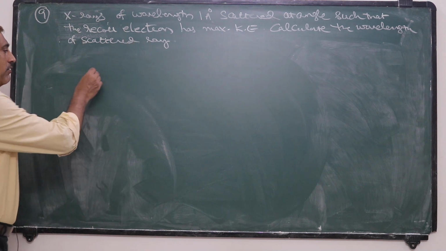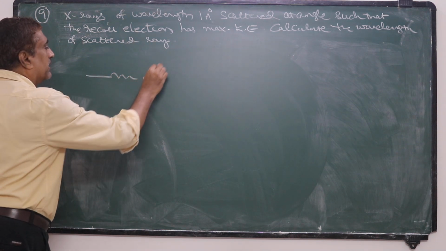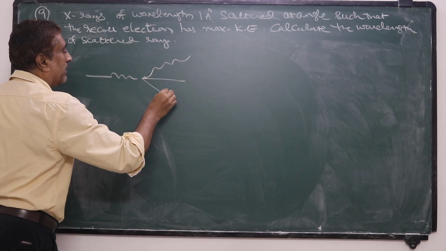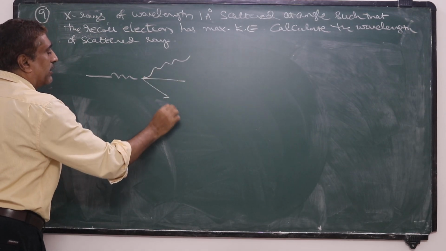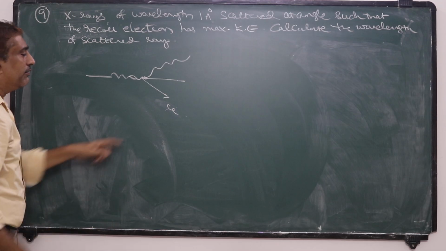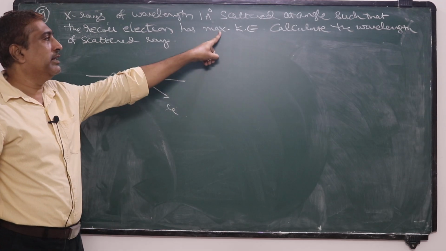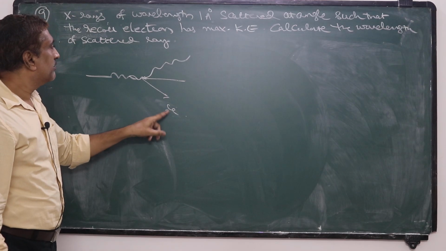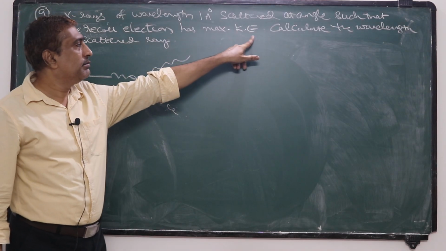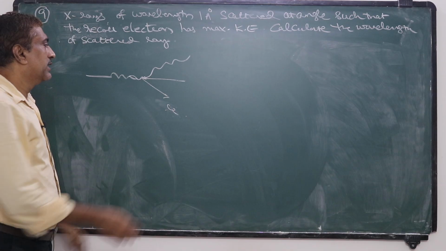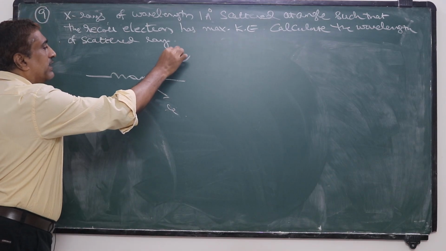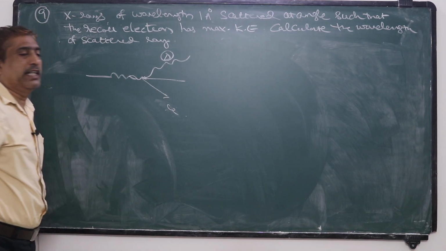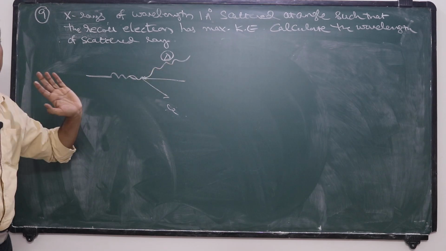As you know, when an X-ray is scattered, this is the scattered ray, and this is the recoil of the electron. Given that this electron has maximum kinetic energy, that means there is a maximum shift in the wavelength of the scattered ray.